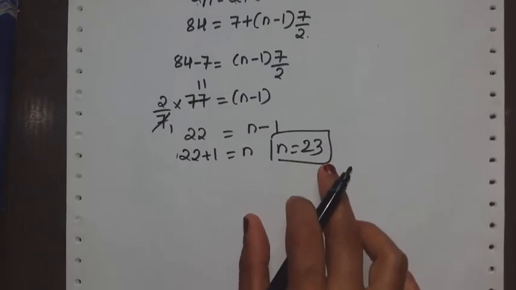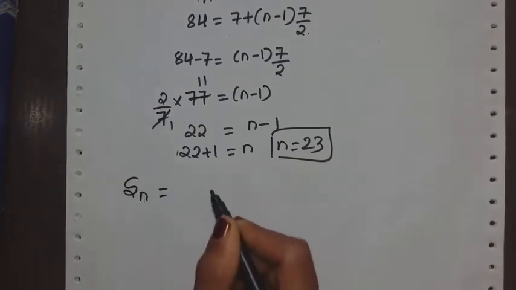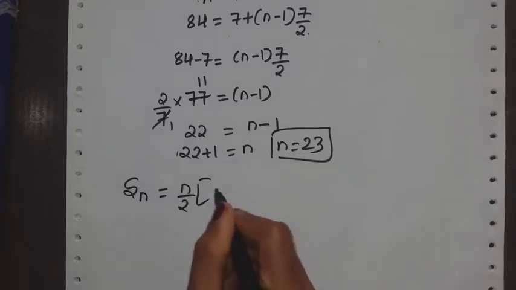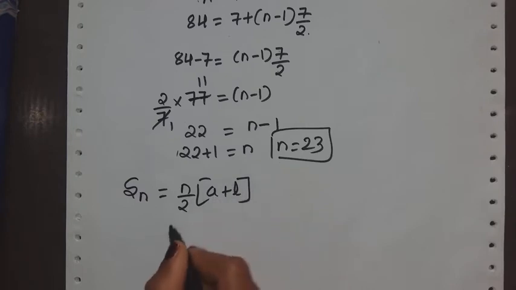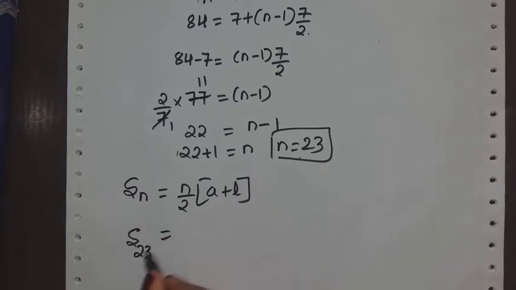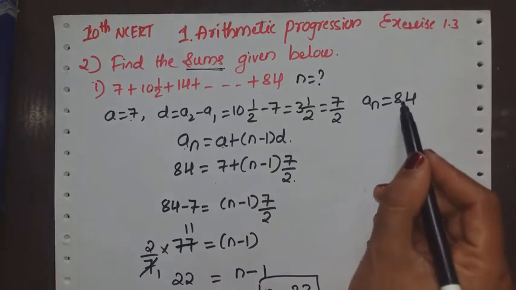The sum is nothing but S. Sn is equals to, here I use the formula n by 2 into bracket of a plus last term. Yes, here we know n, we have 23 by 2. Yes, a, that is first term and last term.